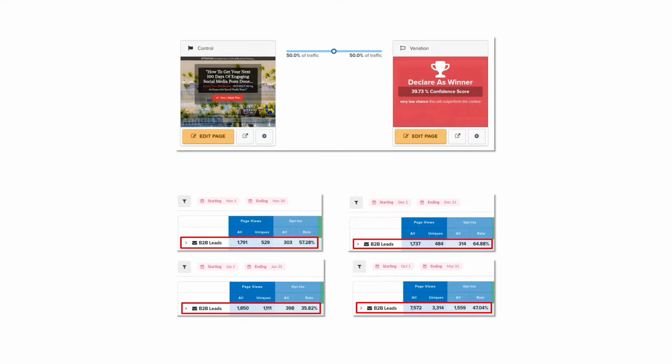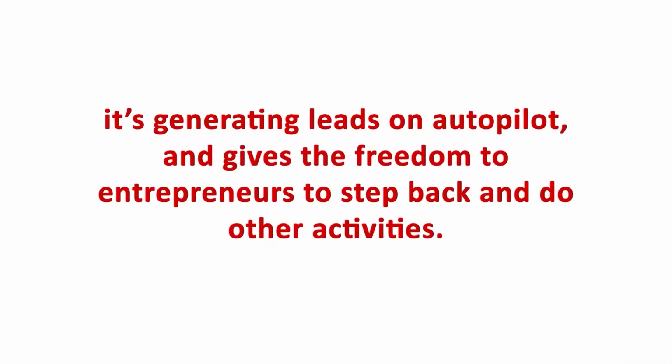Once the lead funnel is public, you can start sending traffic to it, and ClickFunnels provides all the features like split testing, statistics, and more for real-life testing, and the ease of being able to make optimizations fast based on the real numbers with just clicks and typing. And when that's done, it's generating leads on autopilot and gives the freedom to entrepreneurs to step back and do other activities. Besides satisfying the 3 key goals of automations, ClickFunnels offers a lot more.